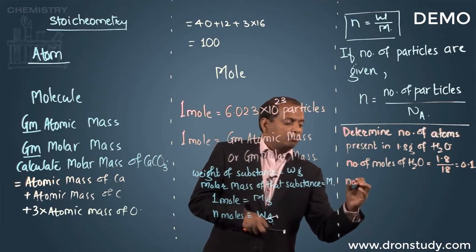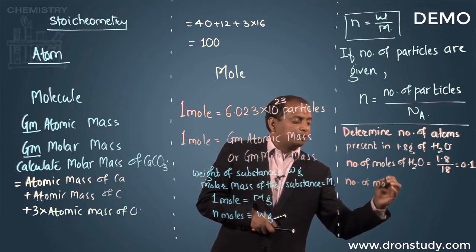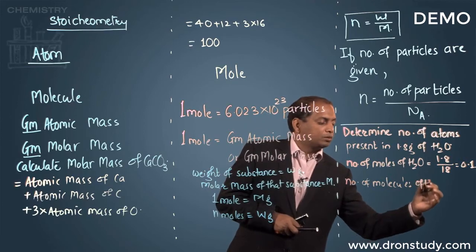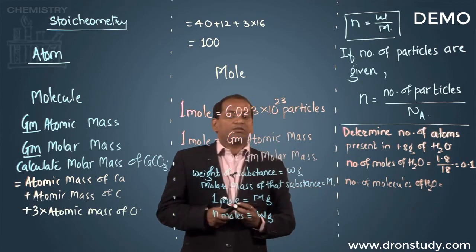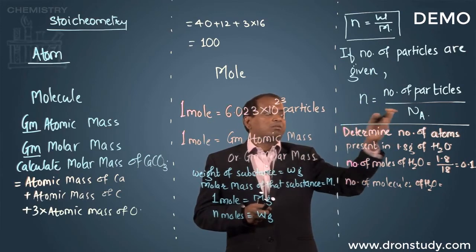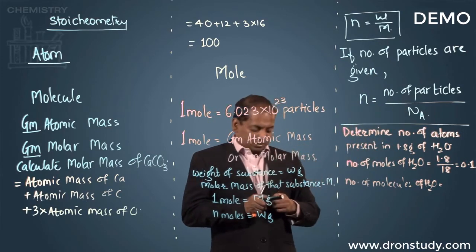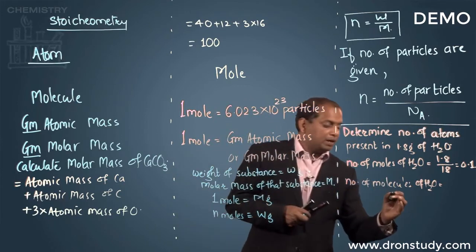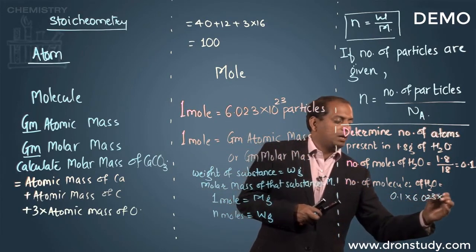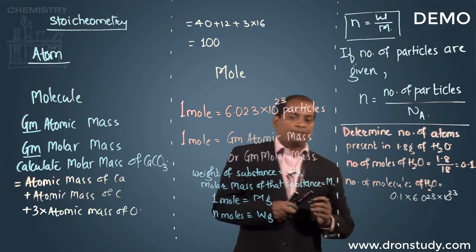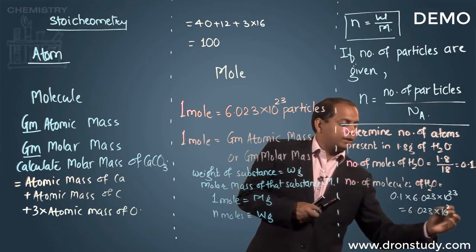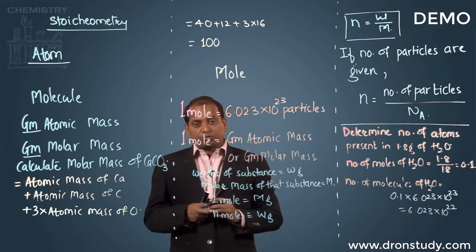Number of molecules of H2O, we are going to use this formula: number of moles multiplied by Avogadro's number. We have 0.1 multiplied by 6.023 into 10 raised to 23. That comes to 6.023 into 10 raised to 22 molecules of H2O.